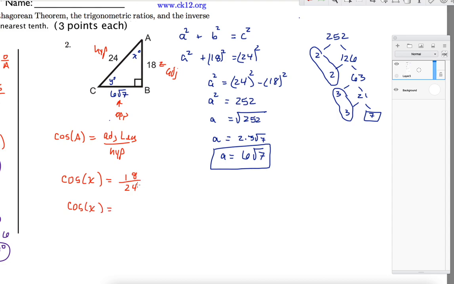A 6 comes out of both 18 and 24: a 6 out of 18 is 3, a 6 out of 24 is 4, and then we're going to take the inverse cosine of 3/4.